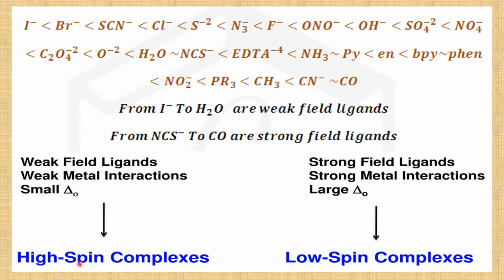Still you just take it. While for strong field ligands, the interaction is very strong and the splitting is maximum, so it gives rise to low spin complexes. So whether a complex is high spin or low spin is determined by the ligands. So ligands determine whether a coordination compound is a high spin complex or a low spin complex.